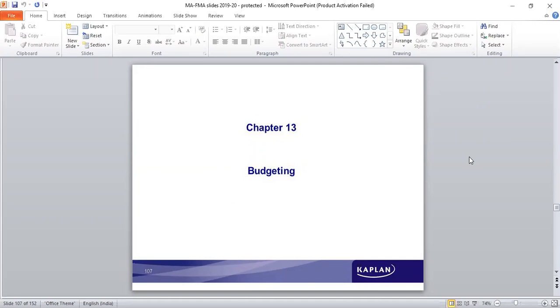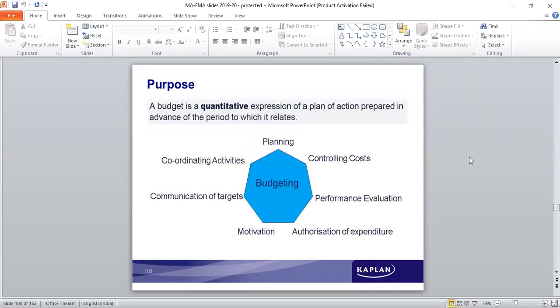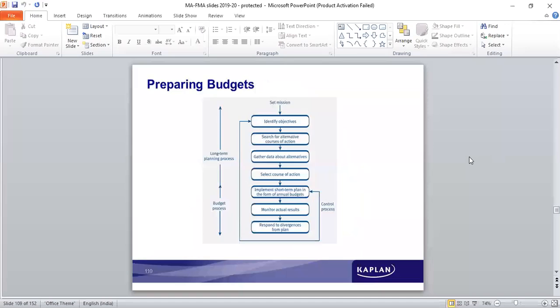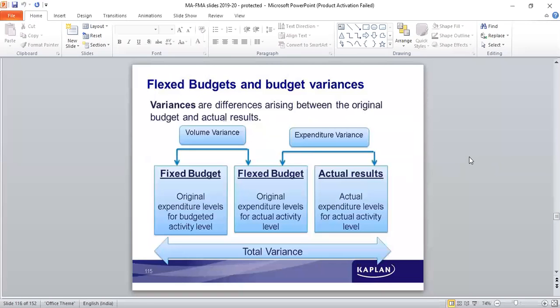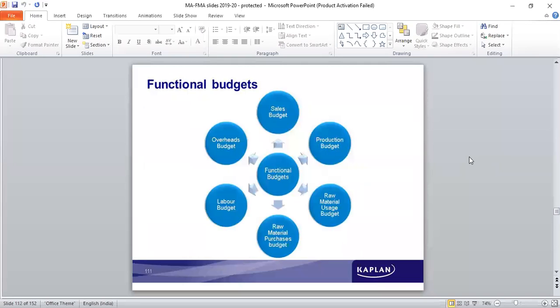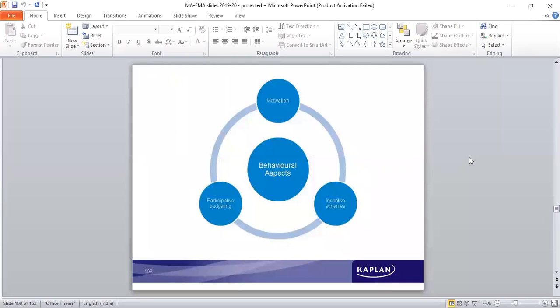So this is a very lengthy topic because there are many numerical questions we have to work out. Tomorrow's class looks very small in terms of the content, but many types of budgets have to be prepared. We have to learn. Much focus is not there on numerical questions when it comes to PM.